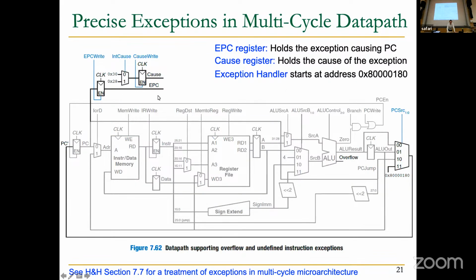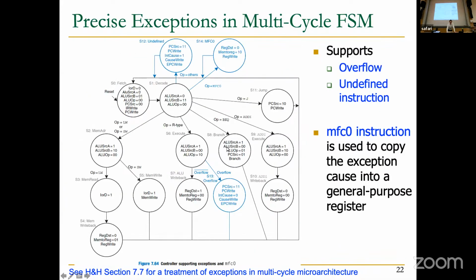Basically, this special instruction takes this cause and copies it into a general purpose register. I'm going to show the modifications to the data path after this. So this is how the exception handler can figure out whether it's an overflow or an undefined instruction, essentially. And then it can take some action accordingly.